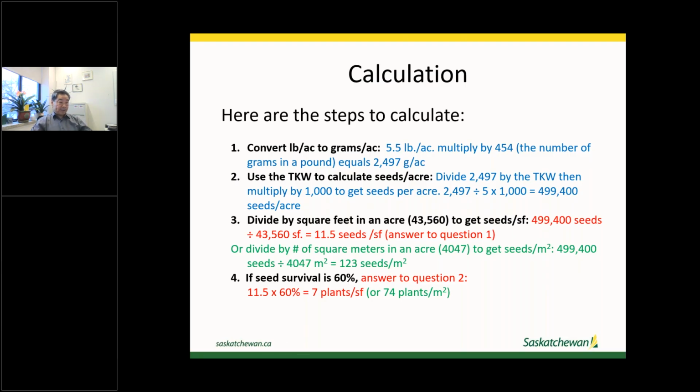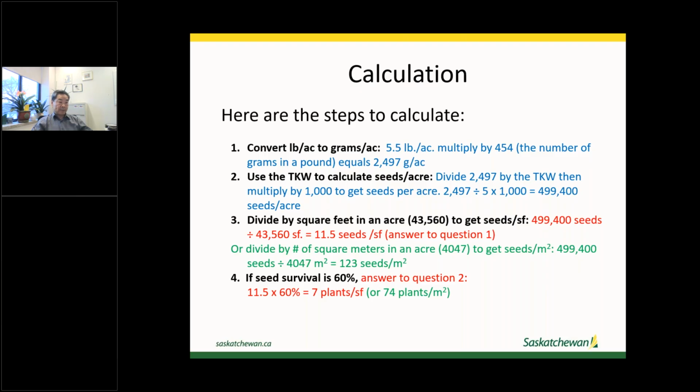First step, convert pounds to grams per acre. 5.5 pounds per acre multiplied by 454, and you get 2,497 grams per acre. That's the seed you spread on that acre.